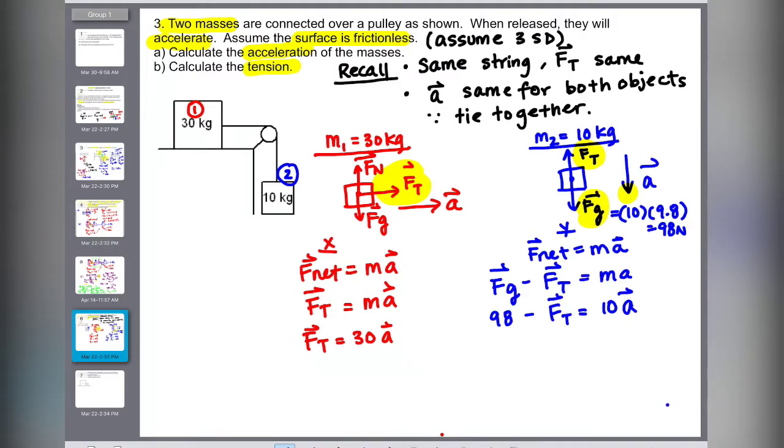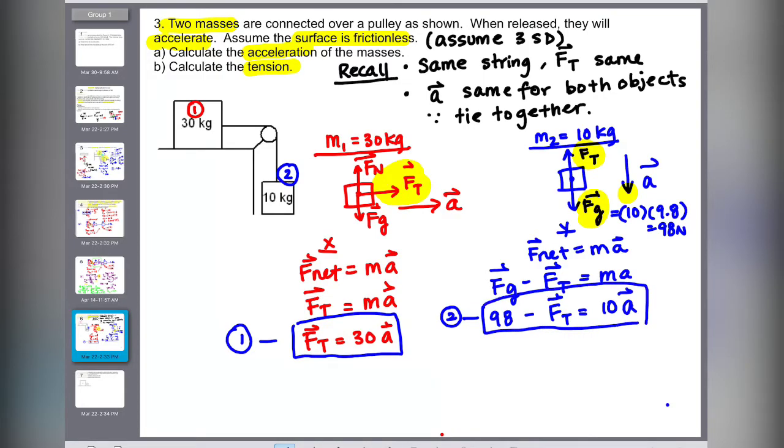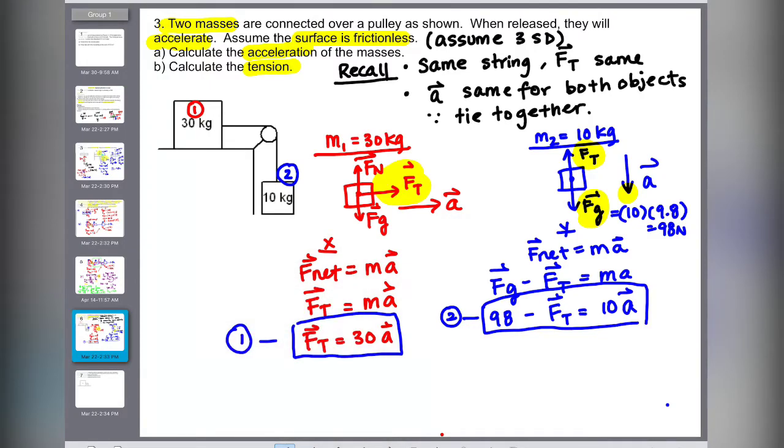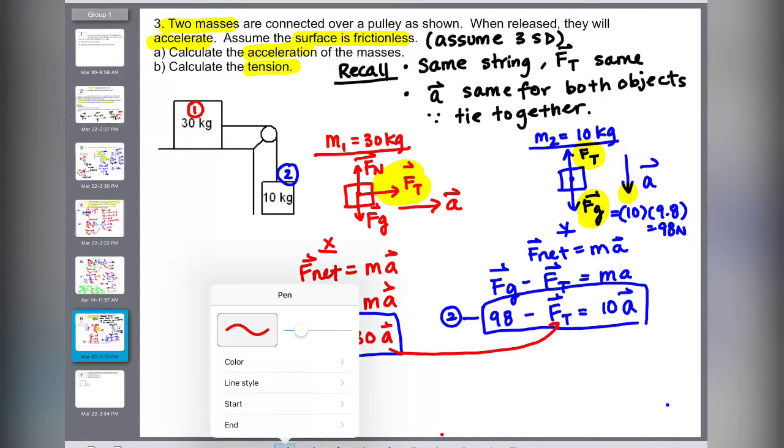Right now I have two equations with two unknowns. This is equation 1 and this is equation 2. Because I have two equations with two unknowns, I can do substitution and sub one into another. So now what I'm going to do is take Ft equals 30A and sub it into this Ft.